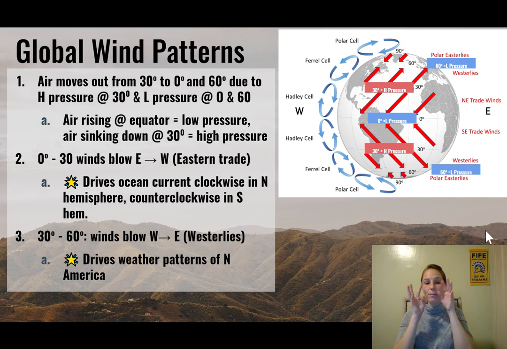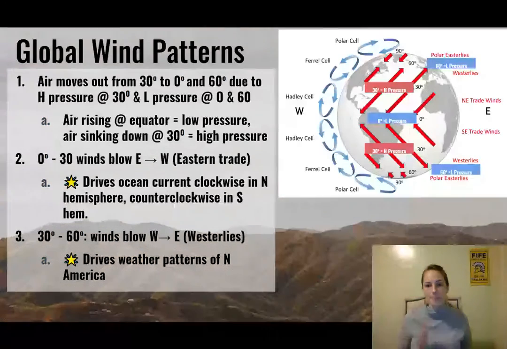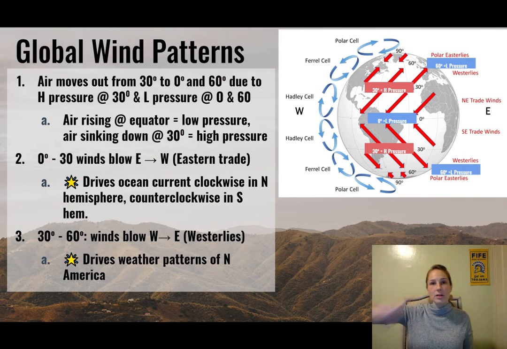Now here's where we bring it all together. This is going to be affecting our global wind patterns. So not only do we have all this cycling of the different cells, we also have the Coriolis effect going on. So you're getting all these little mini cycles of moving from high to low latitudes or from low to high latitudes based on the cells.